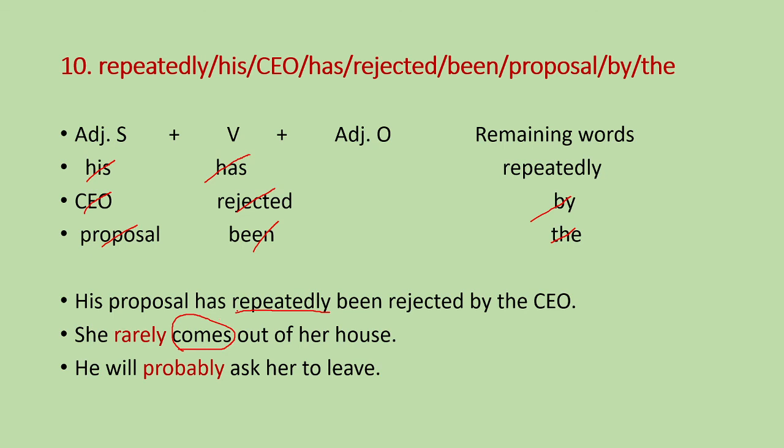His proposal has repeatedly been rejected. So these are the three main rules for the placement of adverbs you can learn. Otherwise, it is a very vast topic with so many exceptions, but for solving jumbled sentences or jumbled words, this is enough.